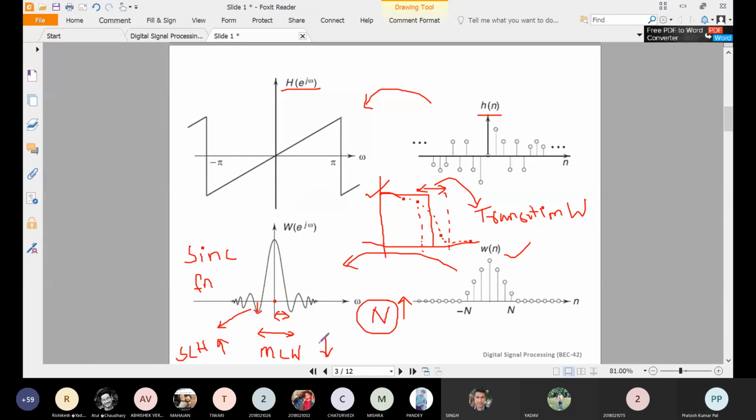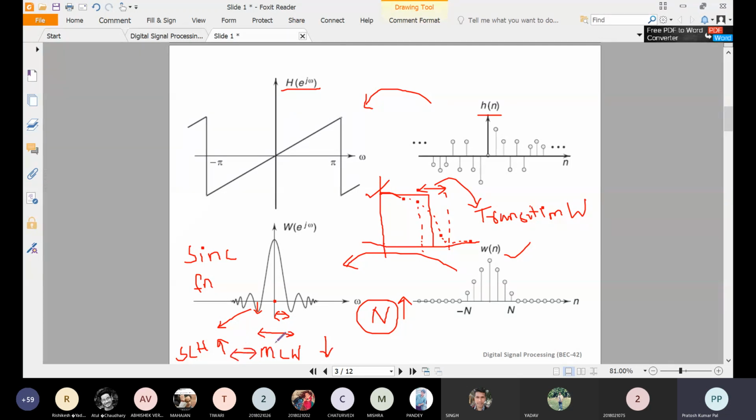As we increase the n value, as we have seen in the previous cases also, the low pass filter characteristic approaches more to the ideal one. So once we increase the n value, the main lobe width will be decreasing and the side lobe height is increasing, but the side lobe height should be decreasing also. That will be a better design. But once we increase the n value, we should be optimizing between the side lobe height and main lobe width.